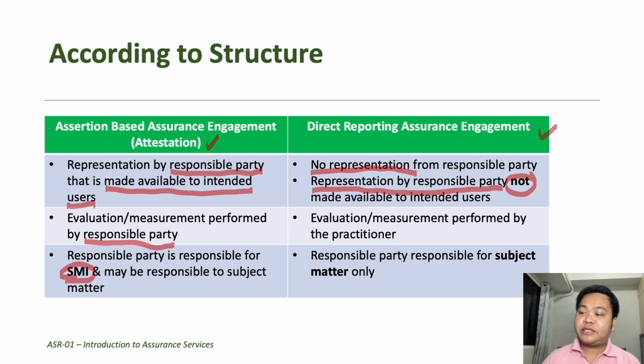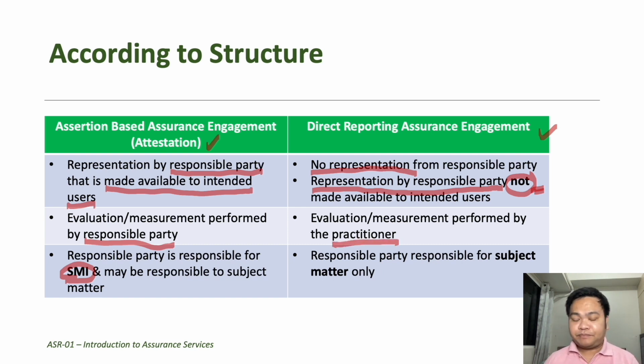Unlike in assertion-based engagement, where the representation made by the responsible party is important and should be made available to intended users, in the direct engagement there is either no representation or a similar representation that is not made available to intended parties. Therefore, in direct engagement, the evaluation or measurement is normally done by the practitioner.